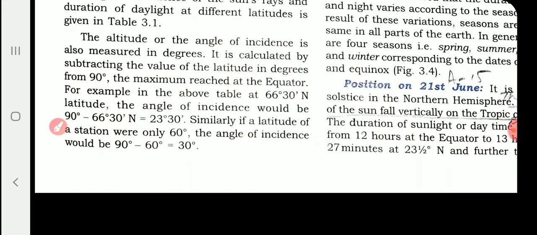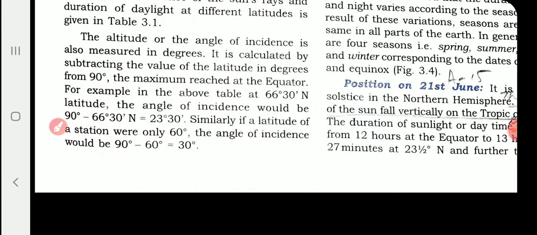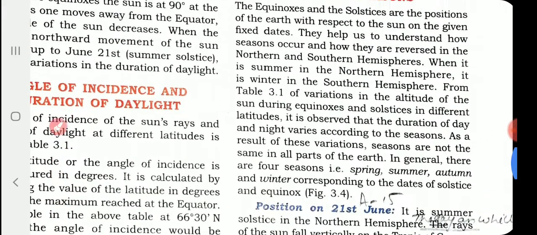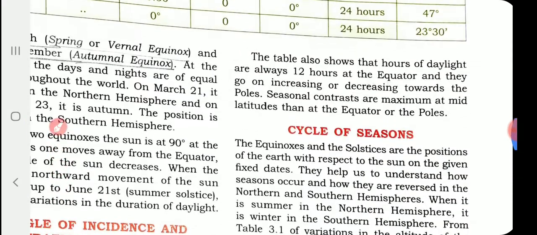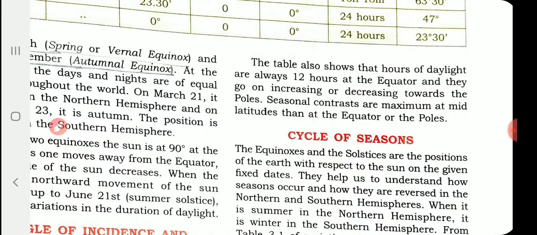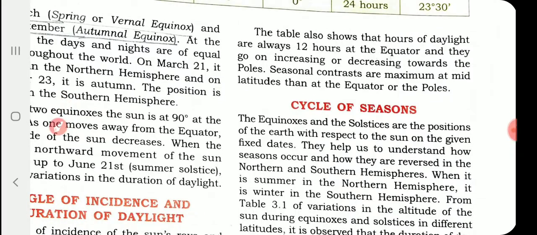Similarly, if the latitude of a station were 60, then 90 minus 60 is equal to 30. This is how we find the angle of incidence. If you know the latitude of a particular place, subtract that latitude from 90 degrees.